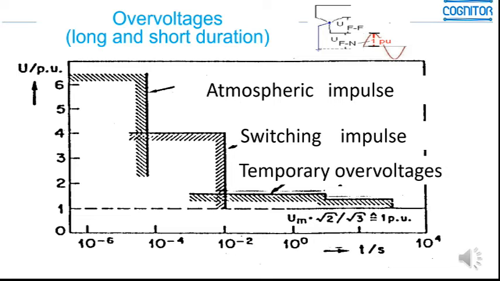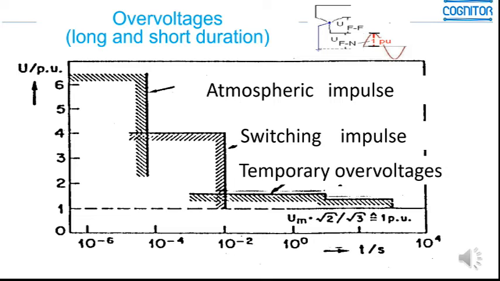Let's take as reference what is in the upper right side of this figure, where 1 per unit of voltage, let's call it 1 PU, will be the peak value of the phase to neutral voltage of the circuit. Let's assume that this is the value 1.